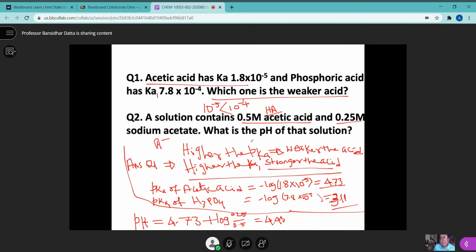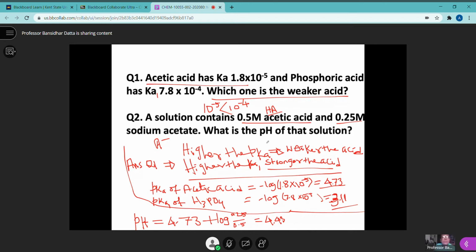Phosphoric acid is an acid, HA. Then there will be another number next to it, that is the A minus. And A minus is always a metal salt, like magnesium acetate, sodium acetate, potassium phosphate, sodium phosphate. Those are salts. So that's your A minus. A minus is always a salt. Any other questions?